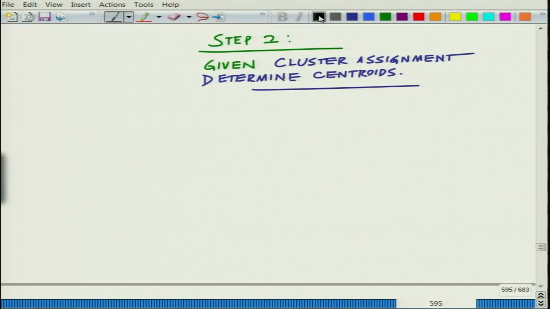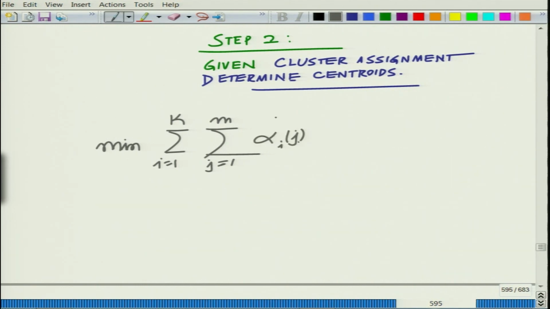Now, we go back to our cost function, which is essentially: minimize the summation i equal to 1 to k, j equal to 1 to m, alpha i j times the norm of x bar j minus mu bar i, whole square.